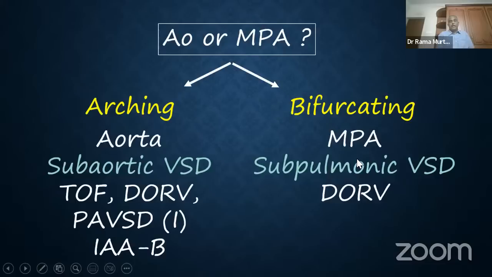And which condition do you think has the main pulmonary artery overriding? Classical example is DORV. Remember, DORV is not one condition. There can be combinations and permutations, which can give rise to 33 types of DORV.